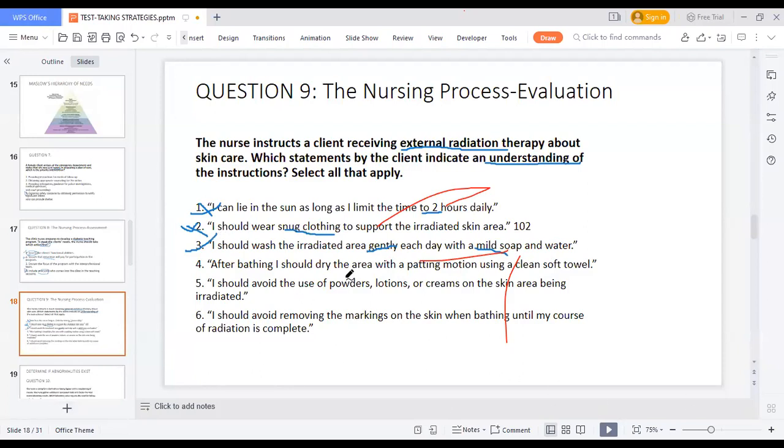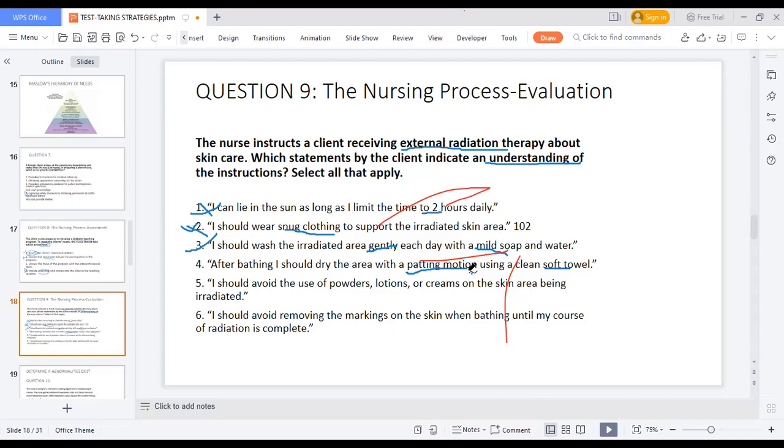After bathing, I should dry the area with a patting motion using a clean soft towel. Soft towel. Patting motion, not rough, not like this. You don't want to peel off, like in some cases they have some patches there. So this statement is right.